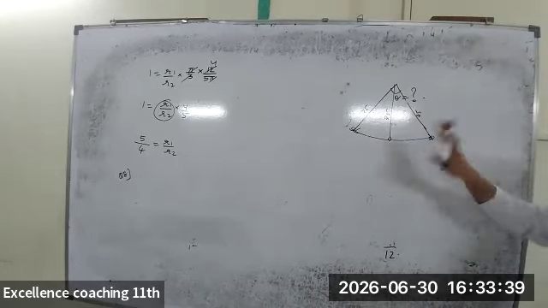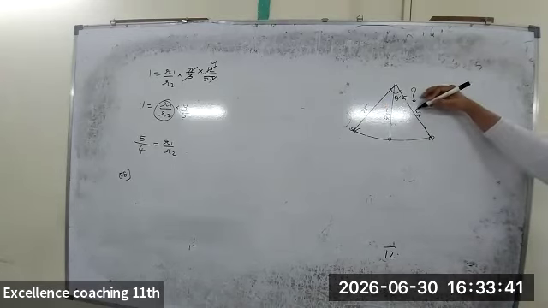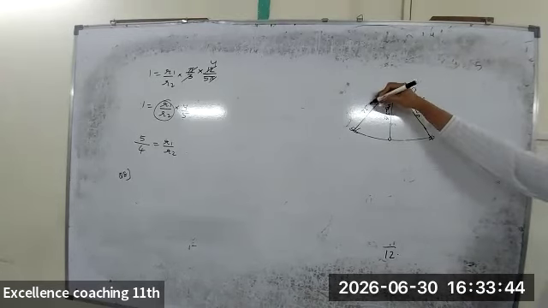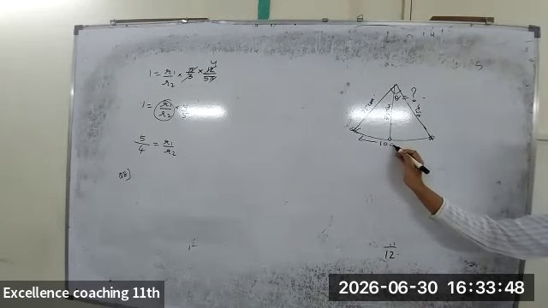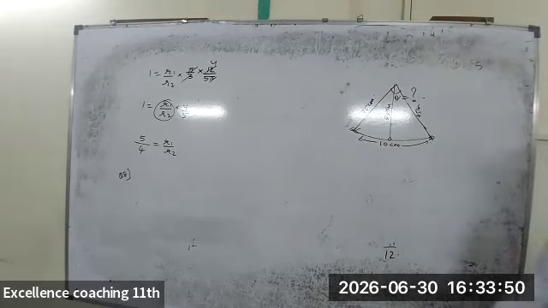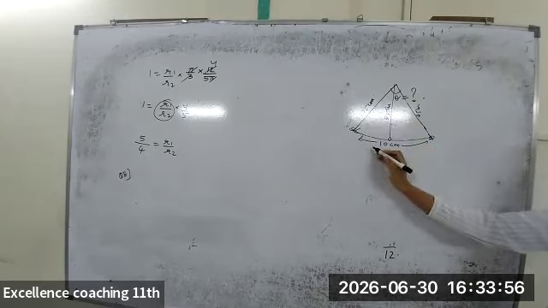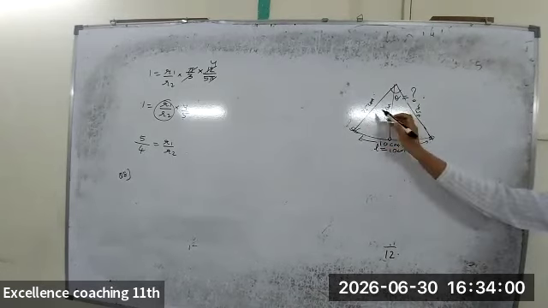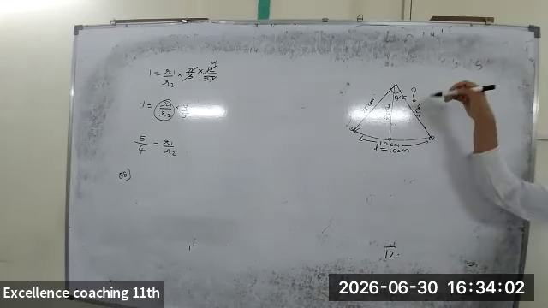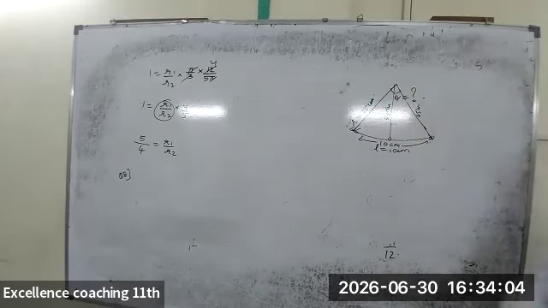And the arc length is 10. Now calculate the angle. The arc length of 10 is clearly given, this is L. And this one is the radius.